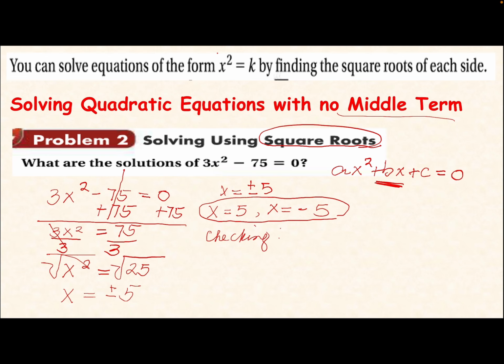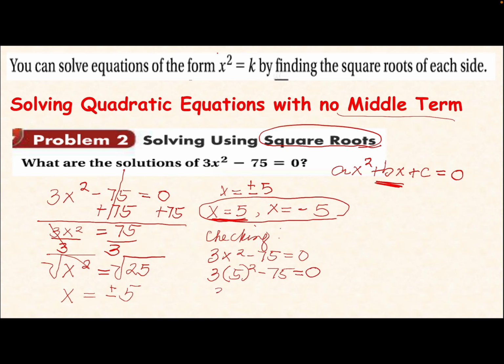So you have 3x squared minus 75 is equal to 0. First, let us try positive 5. 3 times 5 squared minus 75 is equal to 0.